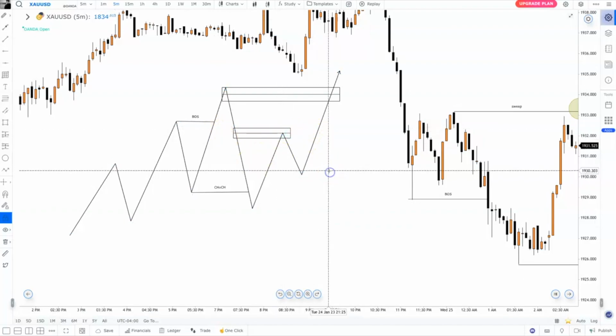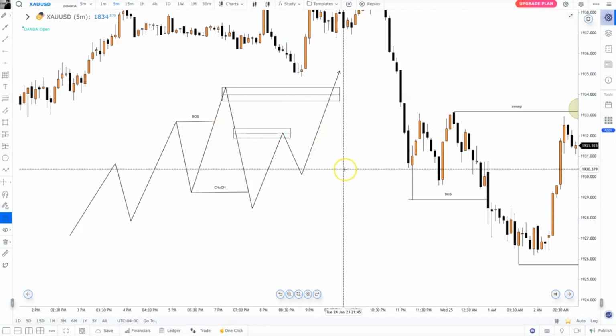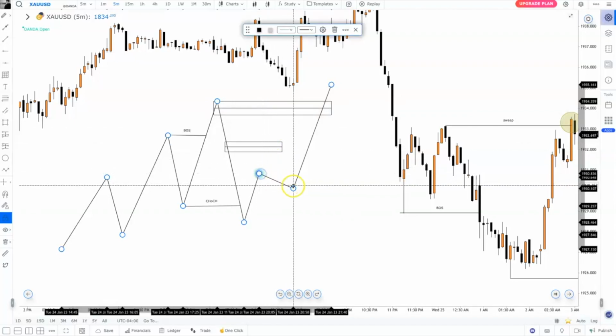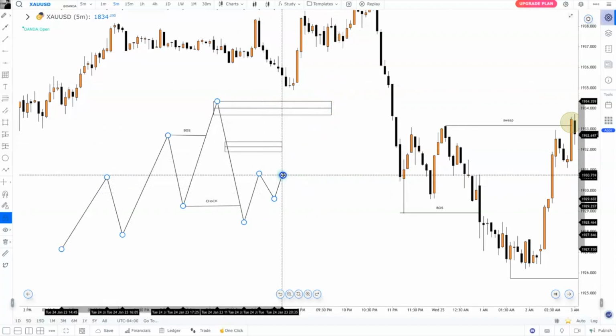That way you're being more conservative and not that aggressive, because there's a lot of aggressive traders that as soon as they see the change of character, they are immediately placing their sell limit right here and another sell limit right here, right? Just like that. It's very risky to do that if you don't see, first of all, liquidity. You normally want to see liquidity form, right?